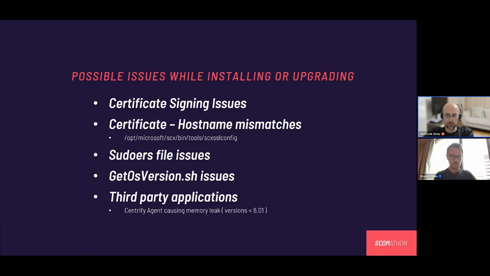As I have shown previously, the install and upgrade process mostly depends on the output of the GetOSVersion.sh script. At this point, SCOM makes an SSH connection to the target server, uploads and runs the script to get the information of what version of Linux and Unix machine is running.